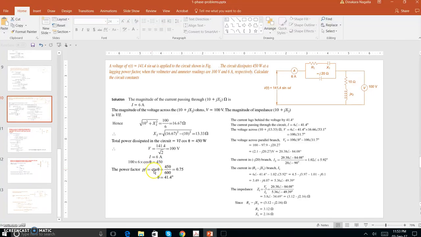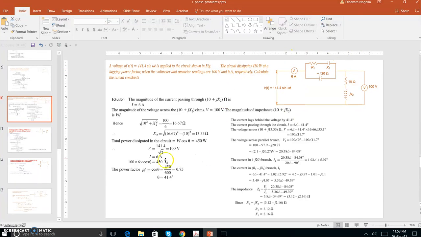So the power factor of the circuit can be obtained: VI cos phi is 450 watts, V is known 100 volts, I is 6 amperes, and cos theta is unknown; it is given that it is lagging but the value is not given. 450 watts is the value of P of this entire circuit.